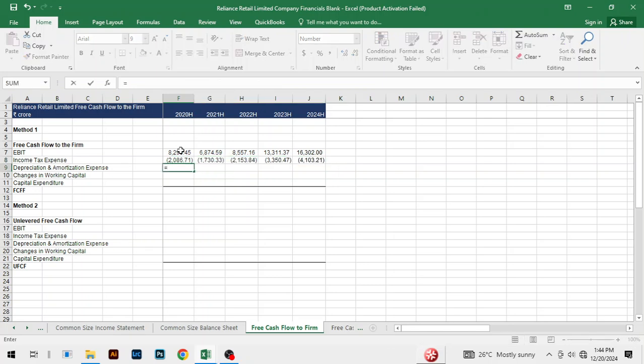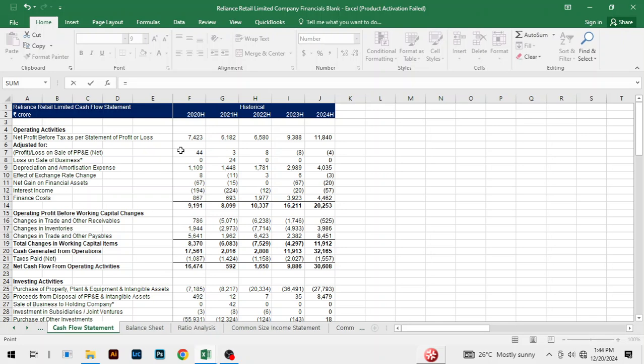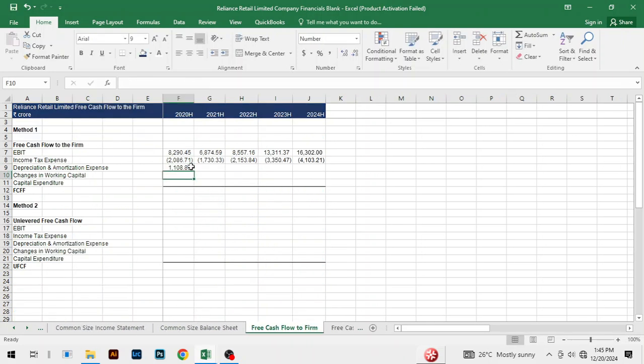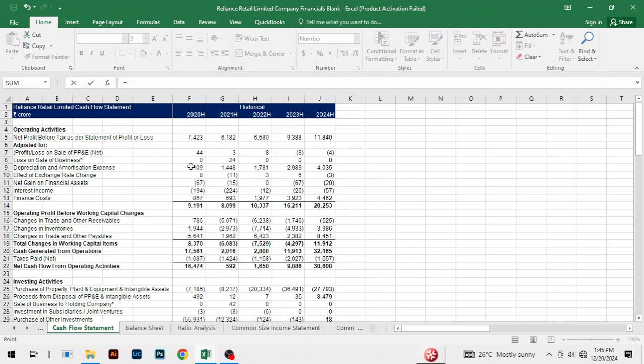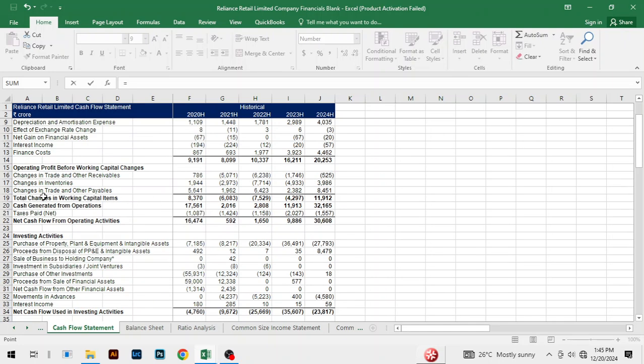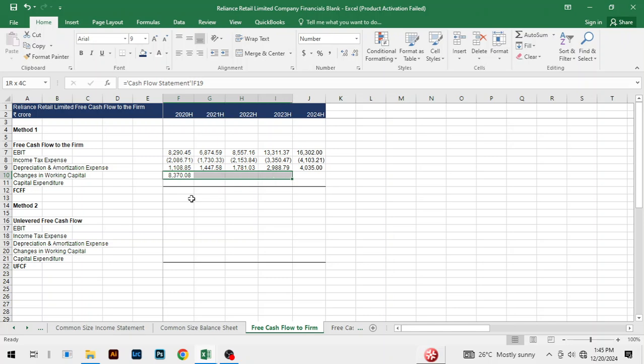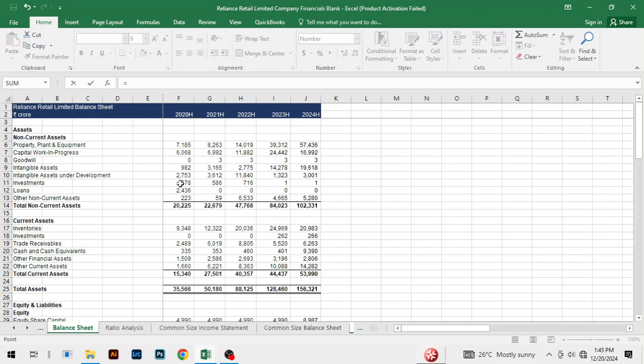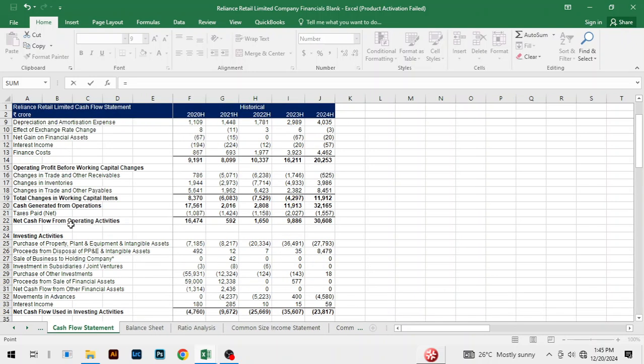And then we link depreciation and amortization from the cash flow statement, and we copy that right through. And changes in working capital, we just link from the cash flow statement, like here, total changes in working capital items, right? So we link that here. And then the capex, we also link from the cash flow statement.